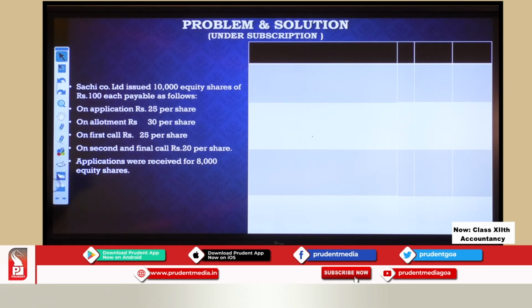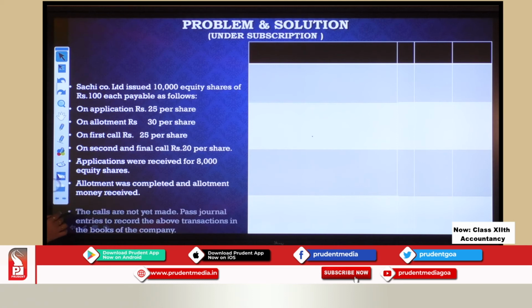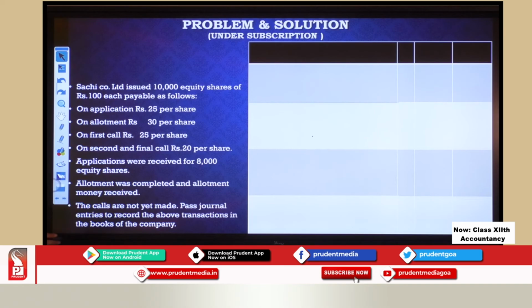Applications were received for 8,000 equity shares. Allotment was completed and allotment money received. The calls are not yet made by the company. Pass journal entries to record the above transactions in the books of the company.